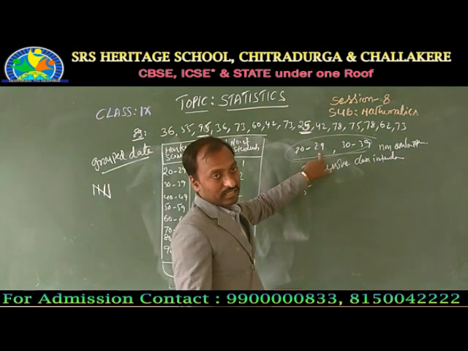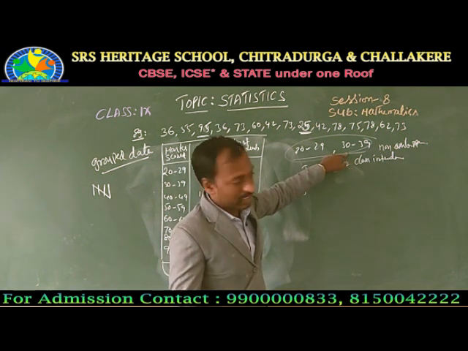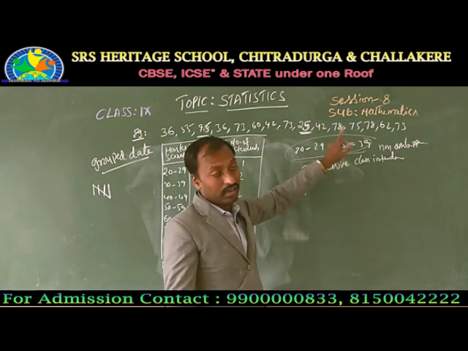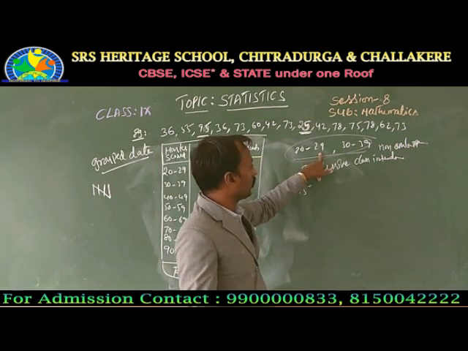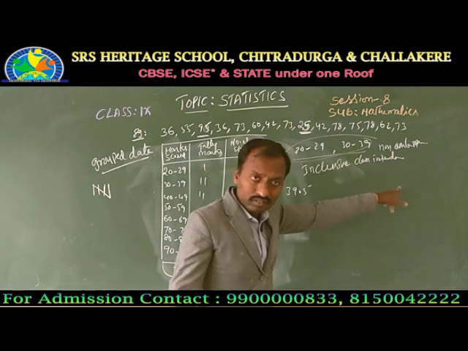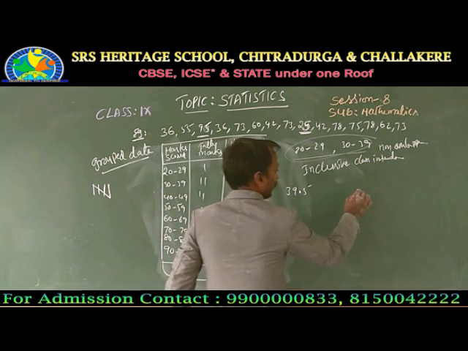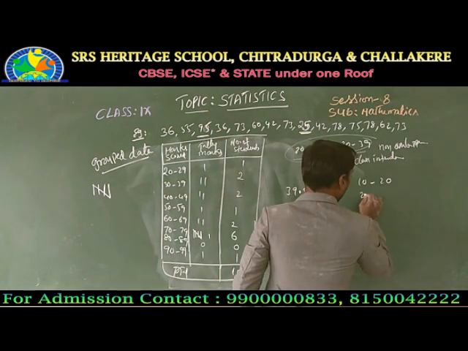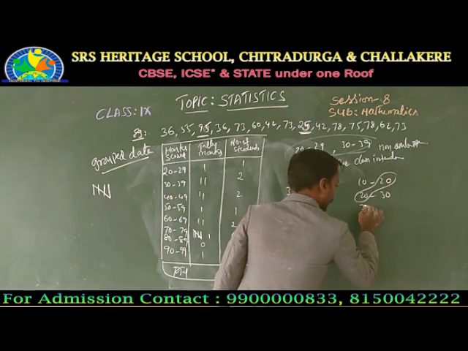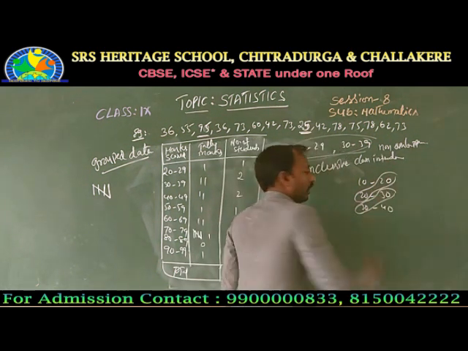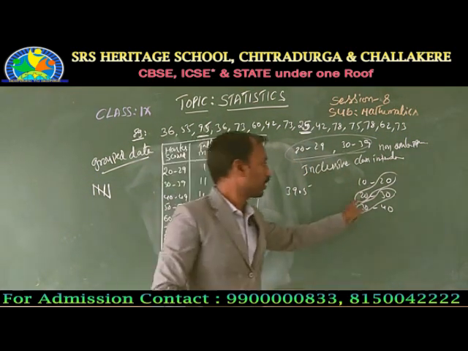The upper limit of a class and the lower limit of the succeeding class, the next class itself, are equal. For example, 10 to 20, 20 to 30. Now these both are equal, so the next class is definitely 30 to 40. Upper limit of a class and lower limit of the immediate class are both the same.